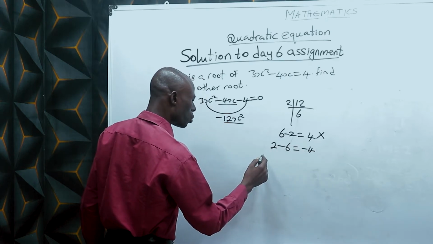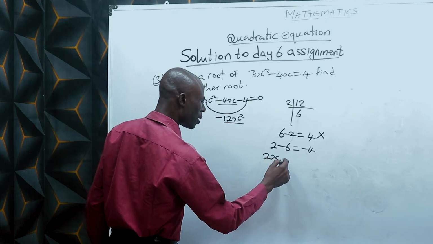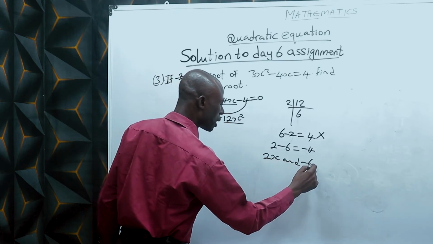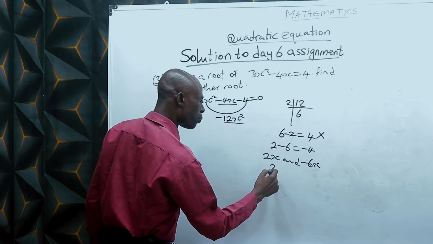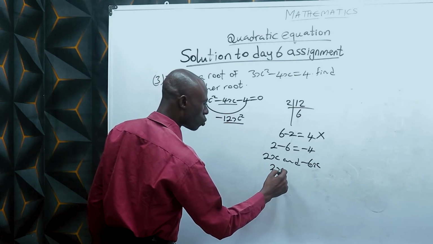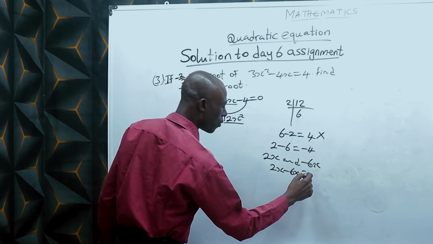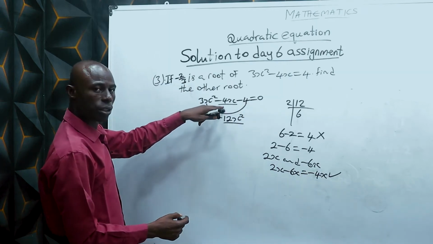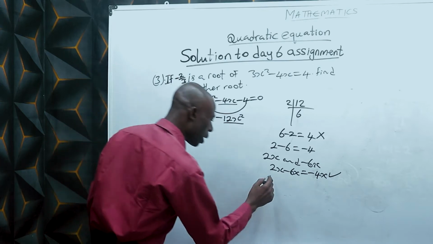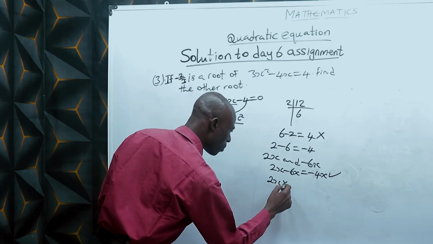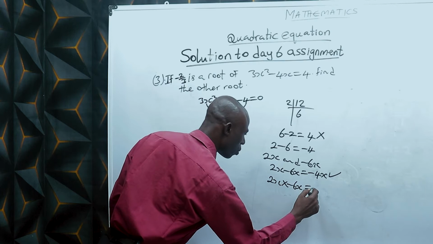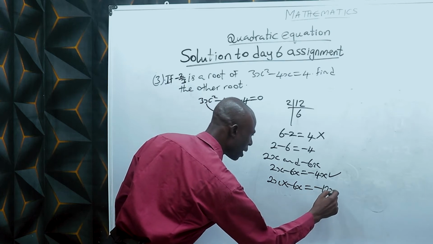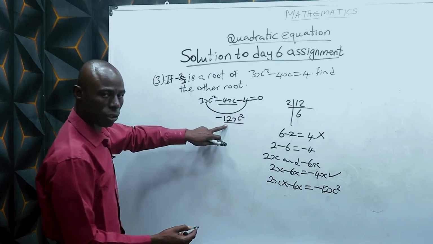So you will use 2x and minus 6x, which if we operate them together, 2x minus 6x will give us minus 4x. The target is reached, the middle term. Let's try the product. 2x times minus 6x equals minus 12x squared. Another target is reached.